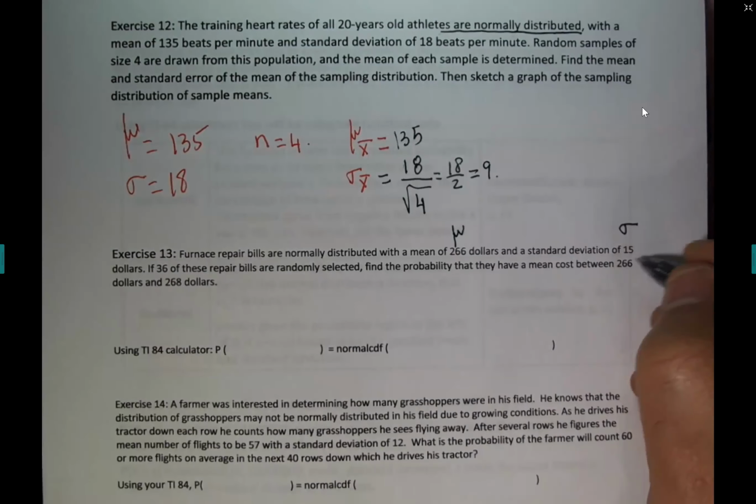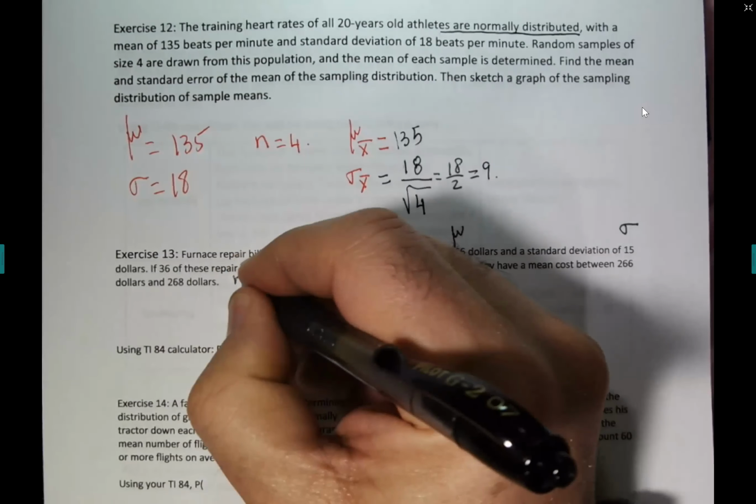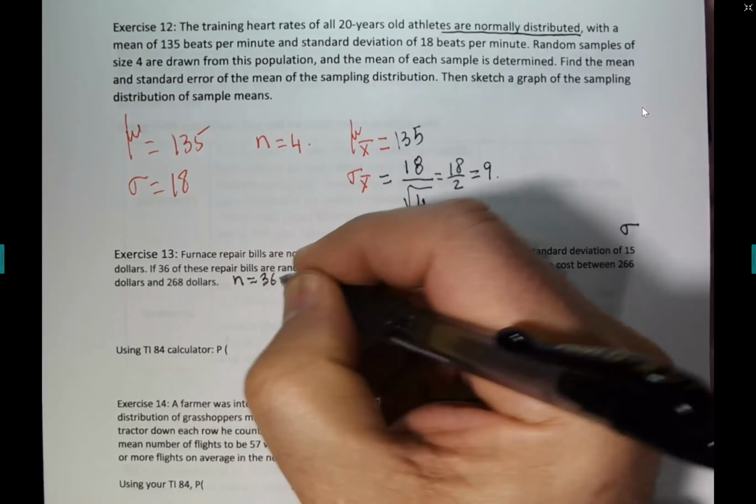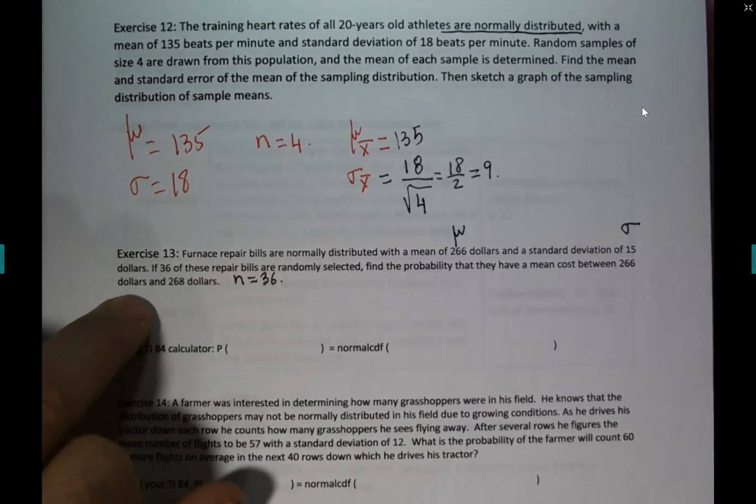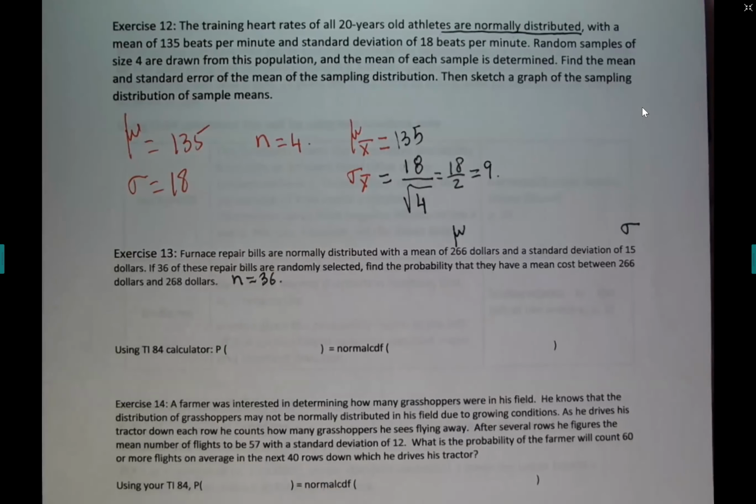N is 36. This exercise will summarize section 5.4, guys. Just watch. It's not going to be different from what we did on Monday, but you will see. So if 36 of these repair bills are randomly selected, what's the probability that they have a mean cost between $266 and $268?